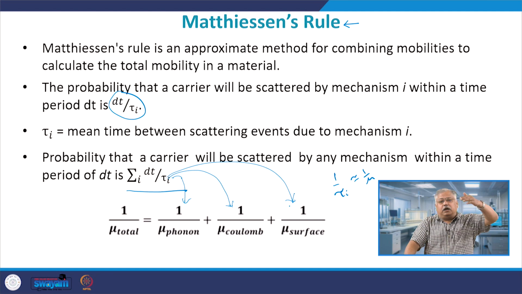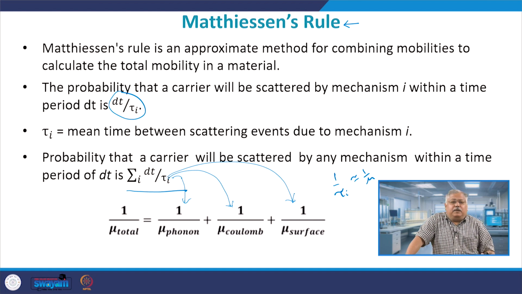The higher the value of tau I, the more the mobility can be, because you give more time before each scattering event occurs, so larger value of mobility, and that is the reason this mapping seems justified. This is the Mathiessen's rule which we apply.